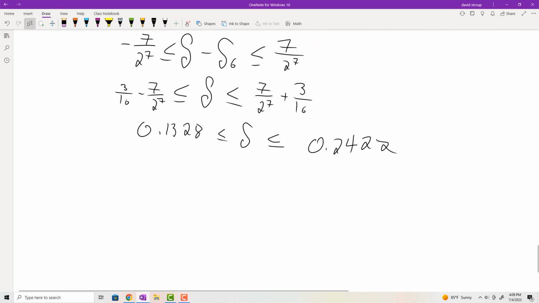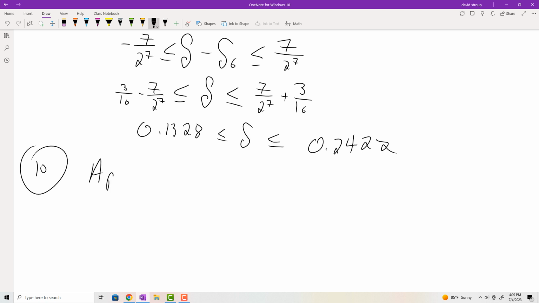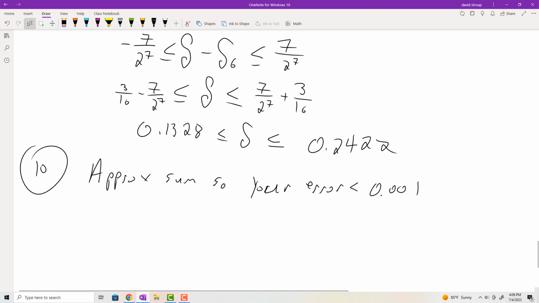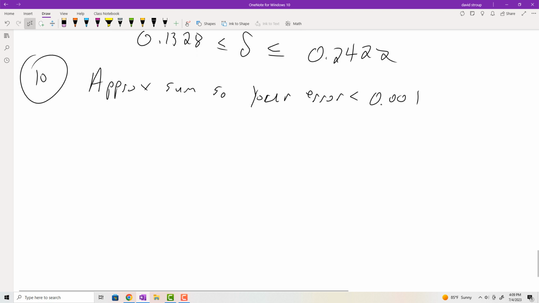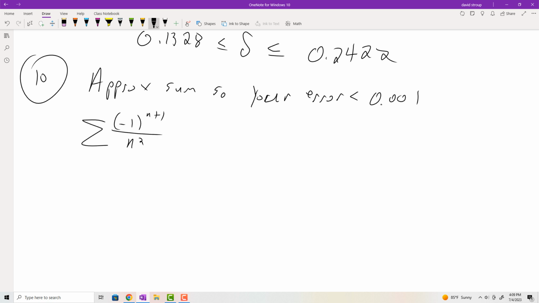The second type of problem, you're trying to figure out how many terms you need to make an error less than some bound. Okay, so approximate the sum so your error is less than 0.001. The series in this case is (-1)^(n+1) all over n squared, and we're starting at 1 and going to infinity.